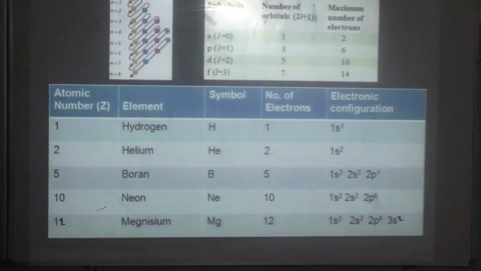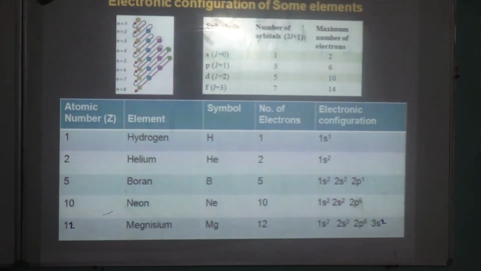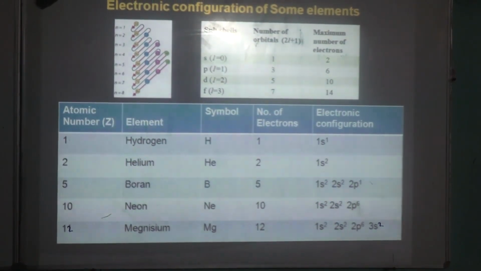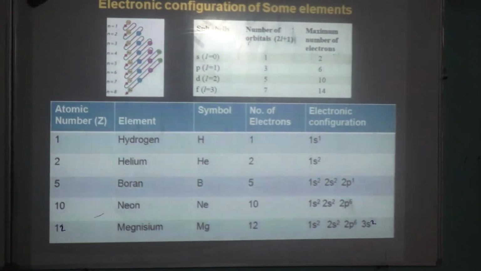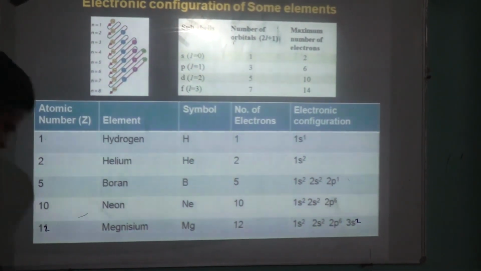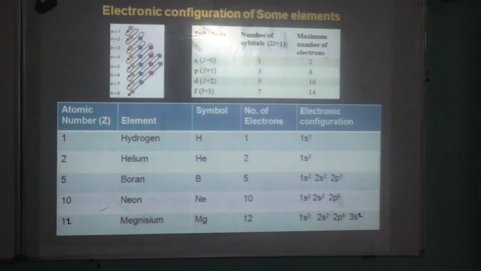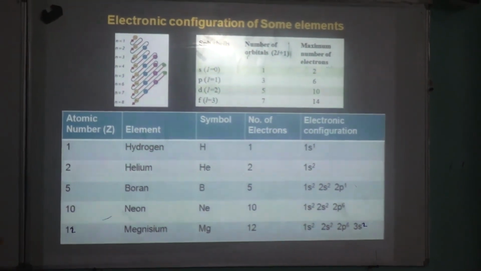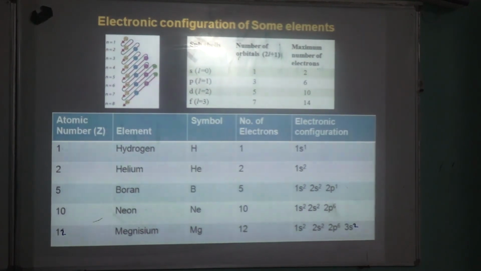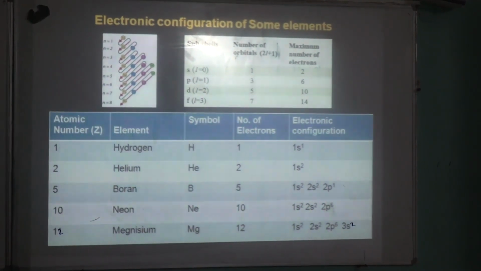Like that, you can practice up to 15 elements, their atomic numbers and their electronic configurations. And now, in this chapter, you may be asked some questions like Bohr's postulates, what Bohr told about the model of the atom, and what are the important defects in Bohr's model.